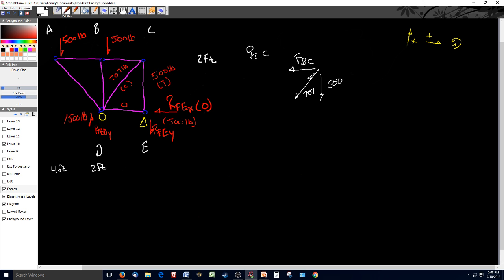So similarly, when we looked at this vector, which was the force from CD, I'm just going to draw the force at BC and then the force at CD, compression, and remembering that I can break this into an X and a Y component.